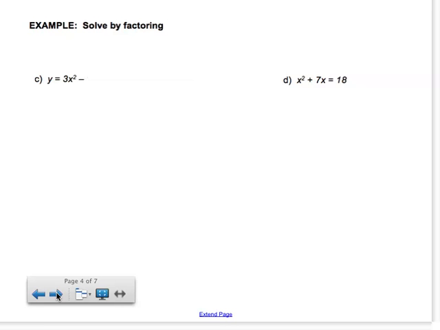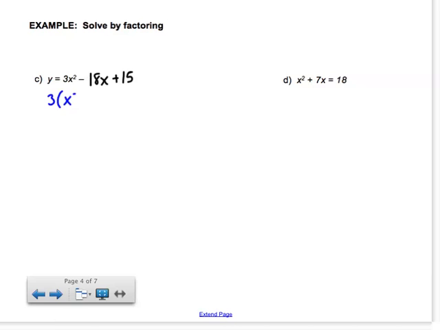And this c, I messed up again, and that should say 3x squared minus 18x plus 15. So notice on that one that there is a common factor. Our common factor is 3, so I'm going to take a 3 out.